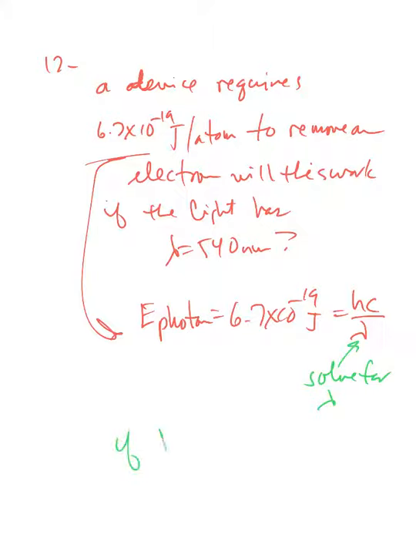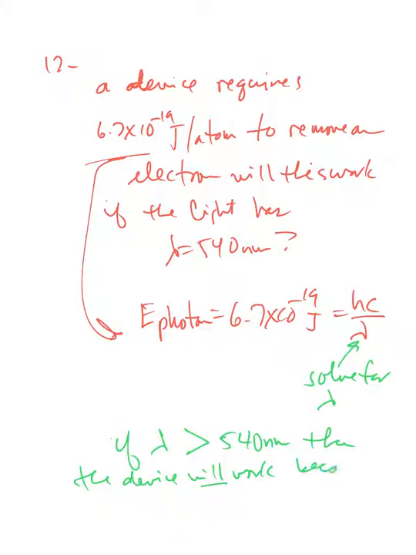Now, if the wavelength you solve for is greater than 540 nanometers, then the device will work, because the energy of the 540 light is greater than the number you calculated.